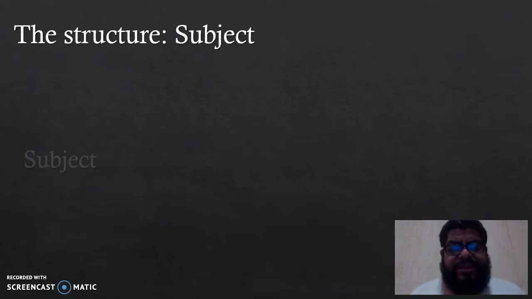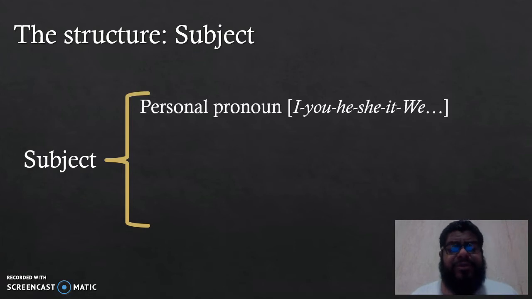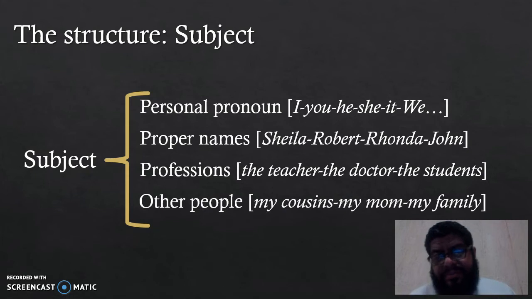For example, the subject. The subject can be different things. For example, personal pronouns like I, you, he, she, it, we, you, they. It could be proper names like Sheila, Robert, Rhonda, John, Miguel, Karina, whatever.